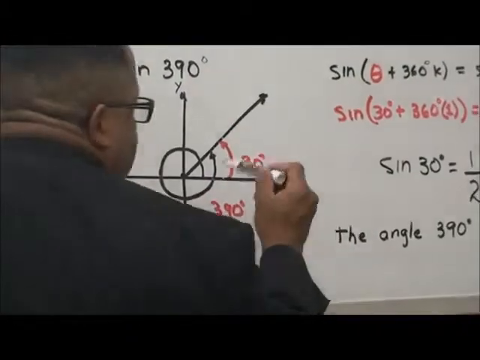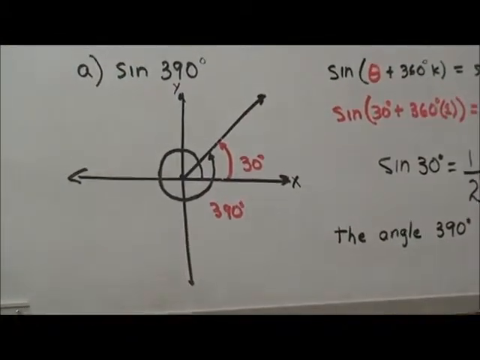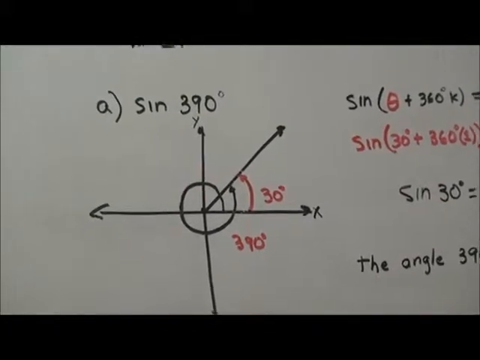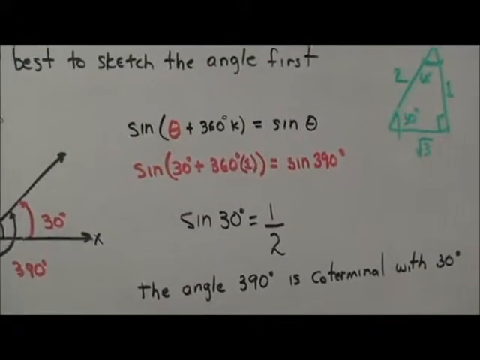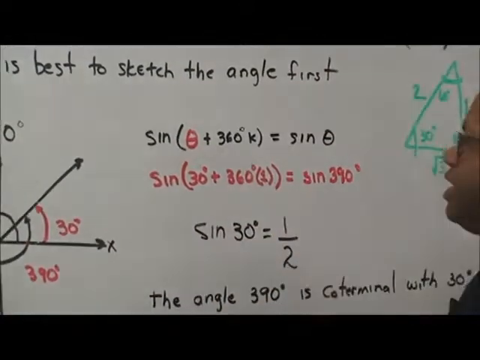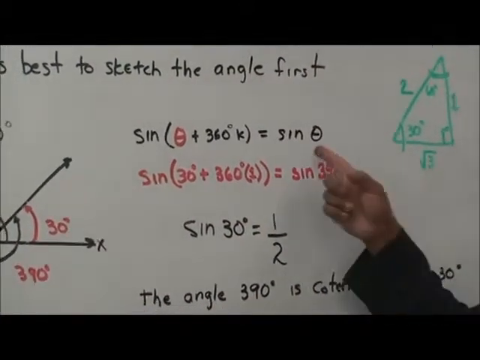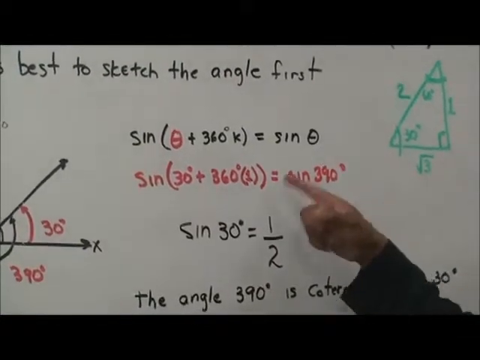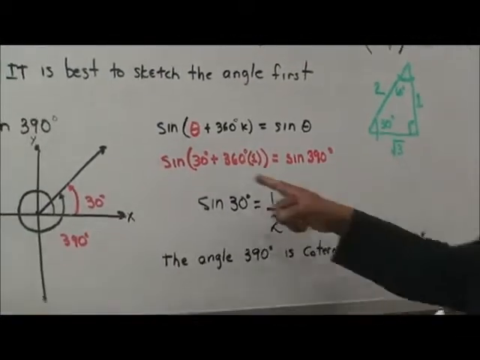We have an angle here that we may not exactly know quite yet, but plugging these in, sine of theta plus 360k is equal to sine of 390.